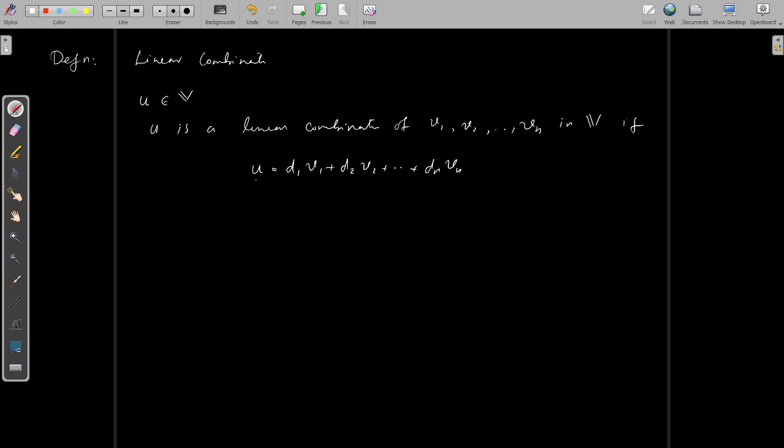Then we say that u is a linear combination of the vectors v1, v2, etc., vn. This is the definition of a linear combination of elements.